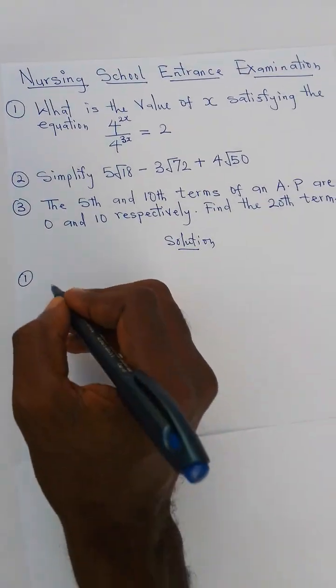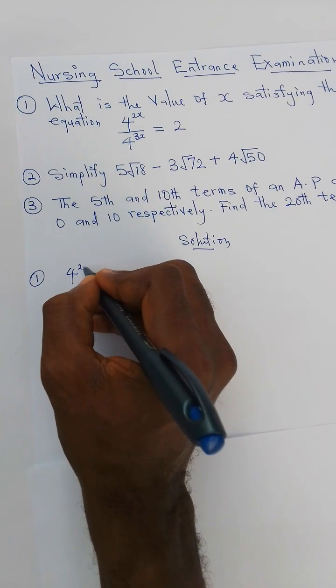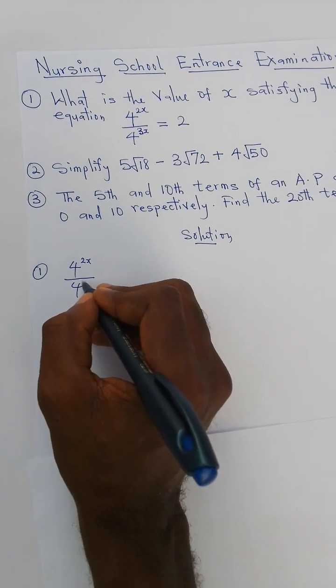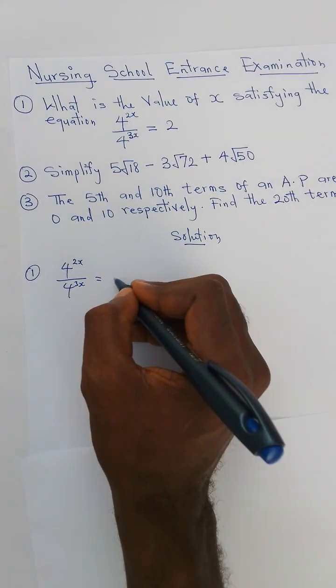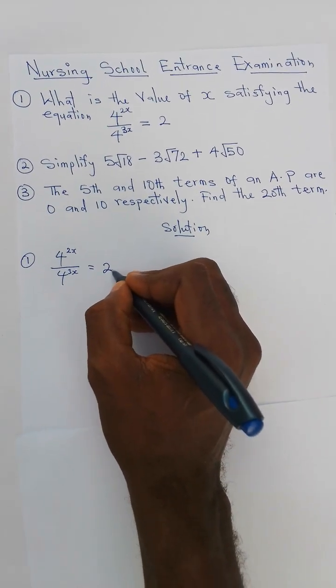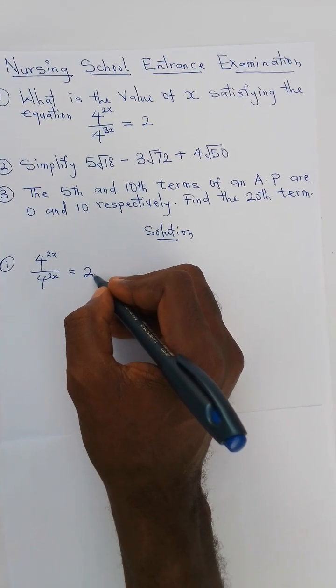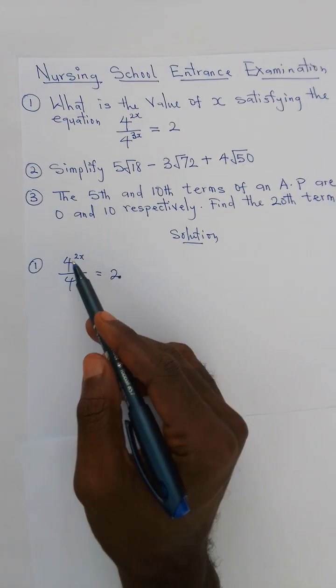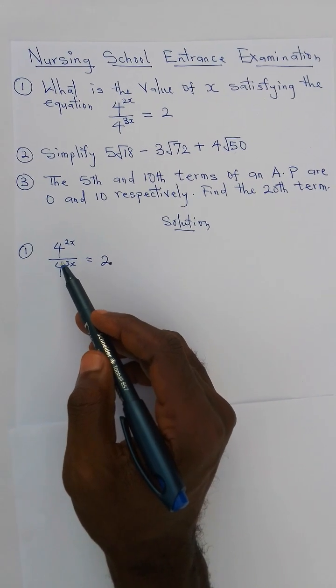We have 4 raised to power 2x all over 4 raised to power 3x equal to 2. So to solve this question, we need to apply law of indices. Law of indices. So this is division law.